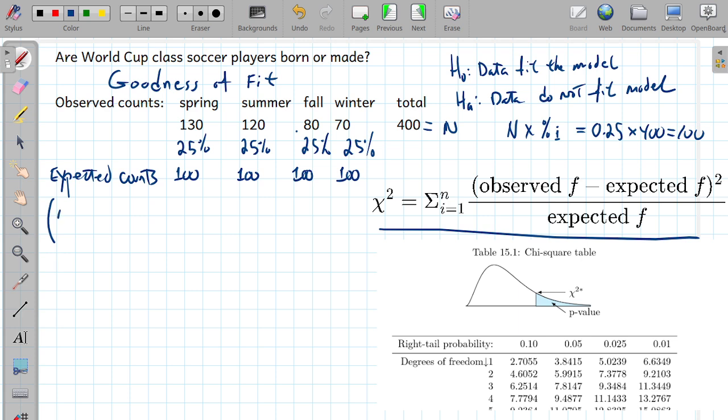So here we have 130 minus 100 squared, and we're going to divide that by 100. That's going to give us a value. So that's for the first one, for spring. Then for summer, we're going to have 120 minus 100. Square that, divide by 100. Then we're going to have, I'm running out of room here.